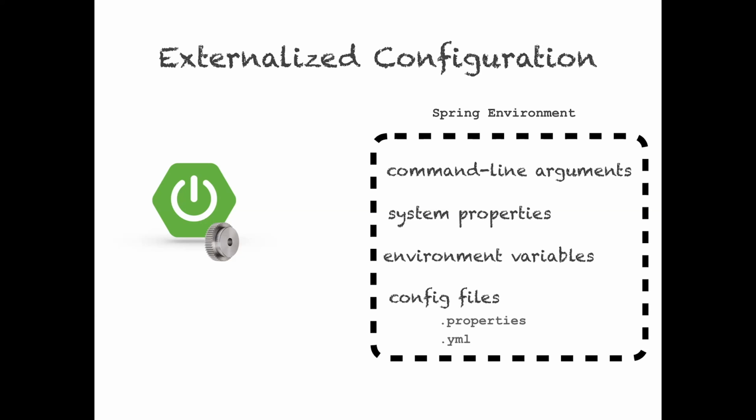The command line arguments are going to take precedence over, let's say, something like an application.properties or application.yaml file. So even if you have a property configured in your application.properties file, when running the application you can override that property via a system property, a command line argument or an environment variable.